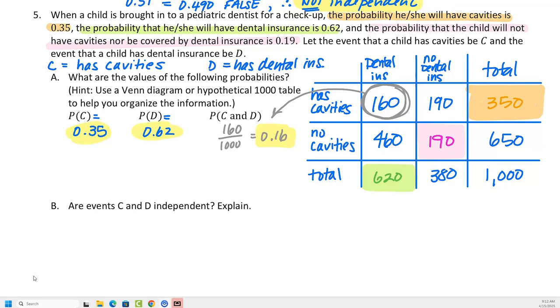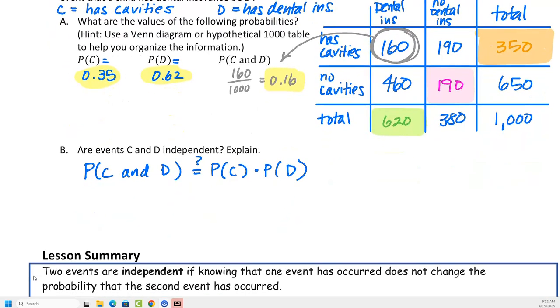So the last question is, are C and D independent events? If C and D are independent events, that means the probability of C and D, we're going to look to see if that's equal to the probability of C times the probability of D. Well, we know from up above, they set us up answering these to get those values.